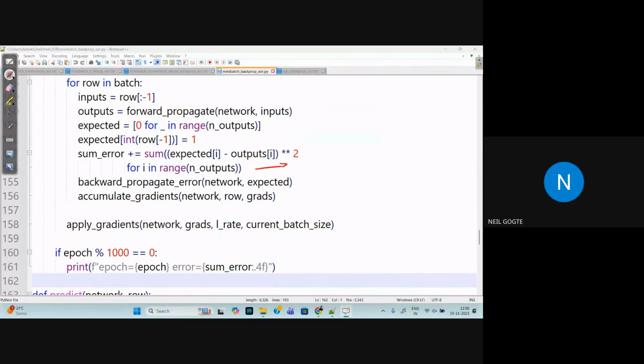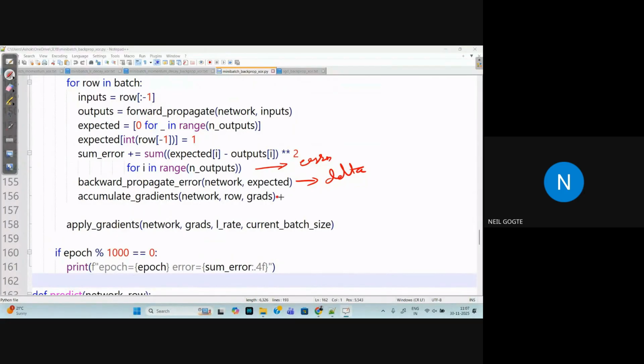We compute the error at the output layer, then we backpropagate. This gives us all the deltas. Now we don't do the application of the weight update. I hope those of you who are paying attention have grasped this point. We are not updating the weights here, which we were doing in the earlier algorithm.